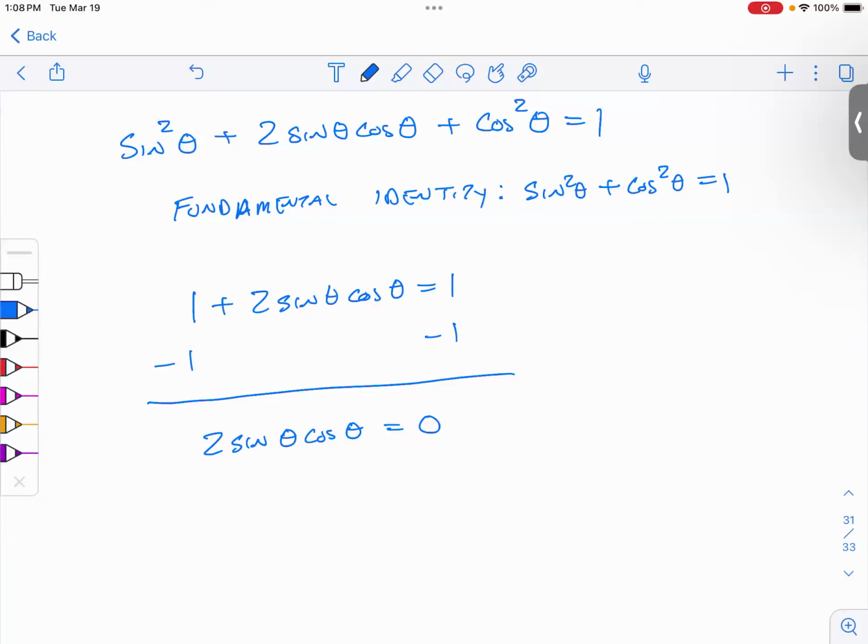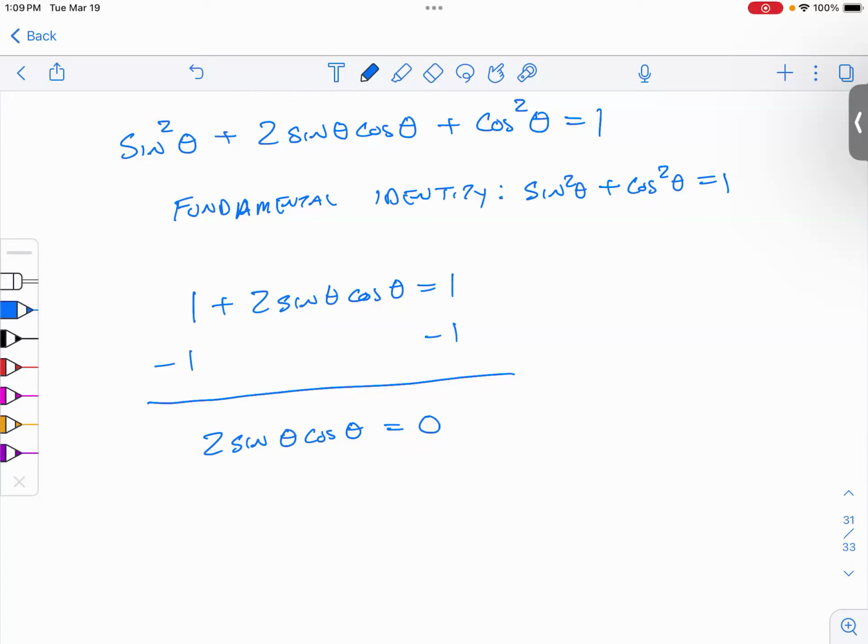Now, I actually have two approaches here. I can use the zero product property, or what is 2 sine theta cosine theta? A double angle. That's the double angle for sine. So actually I have two approaches.